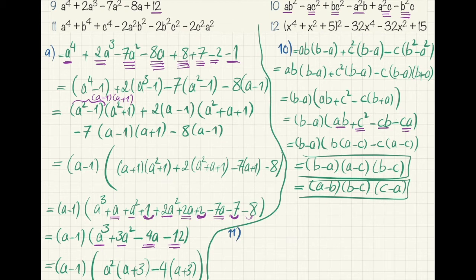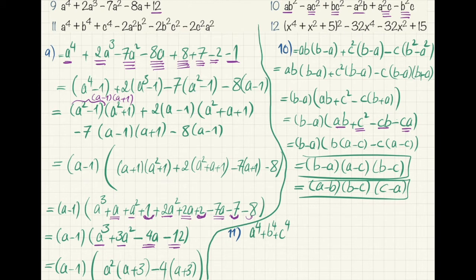What I do, I will break the middle one. Yes, so let me see. So I would write it in this form. I would write a to the 4 plus b to the 4 plus c to the 4.